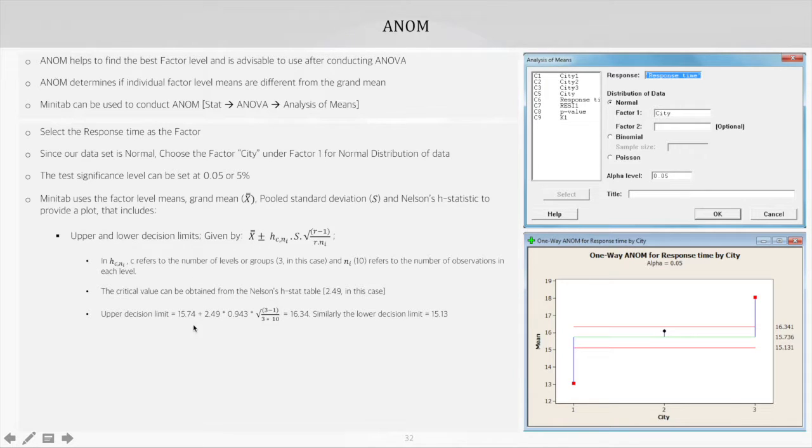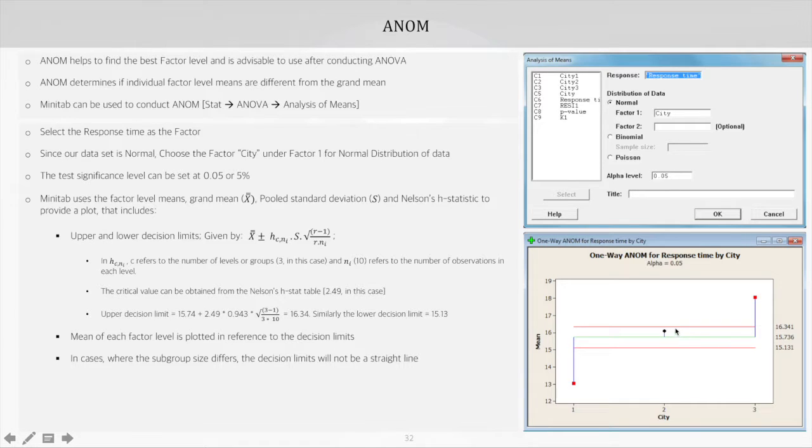It was 15.74, plus 2.49, which we get from the table, multiplied by 0.943, the pooled standard deviation, into the root of (r minus 1), where r is the number of factor levels, in this case 3, so 3 minus 1, divided by r into Ni, which is 3 into 10. When computed, this gives us 16.34. That is what we see here as the upper decision limit.